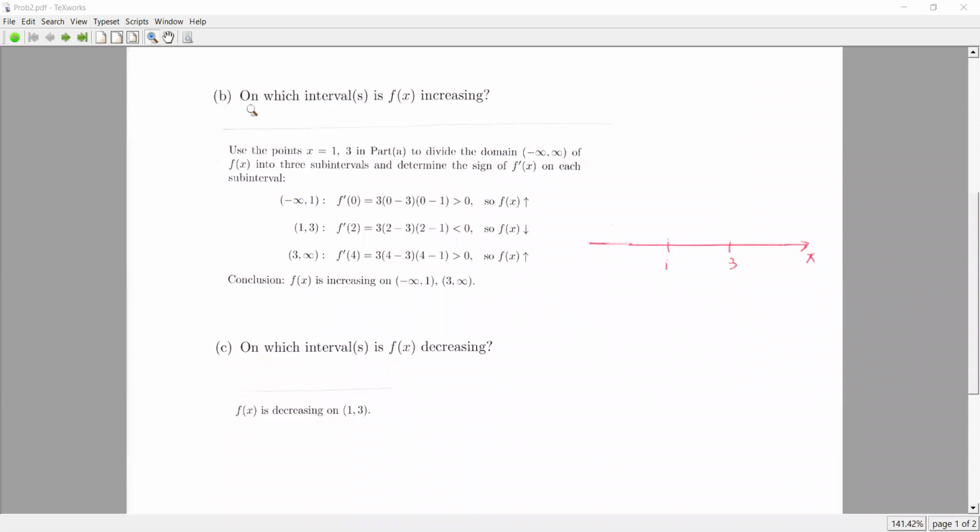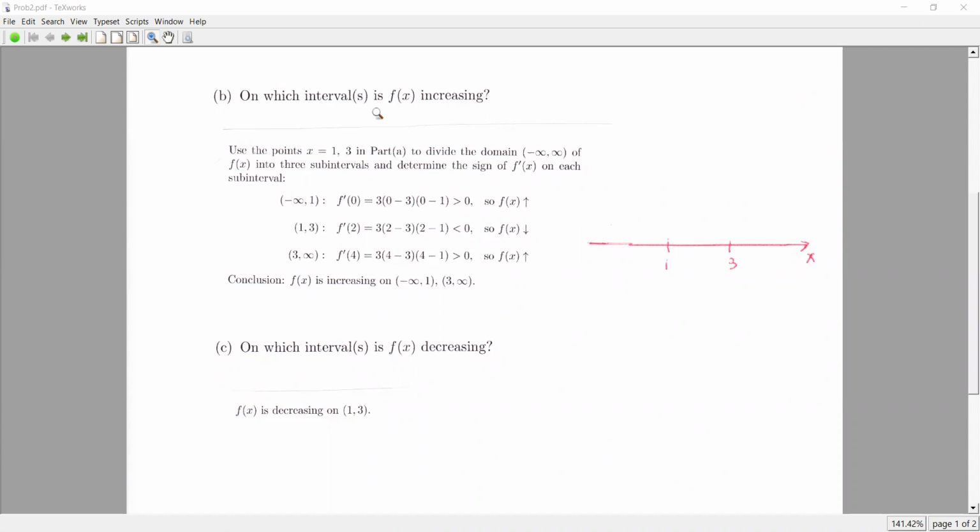Part B, on which intervals is function f increasing? To answer this question, we need to consider the sign of the derivative. When the derivative is greater than 0, the function f is increasing.